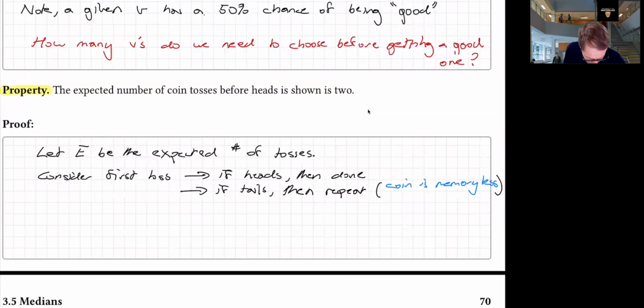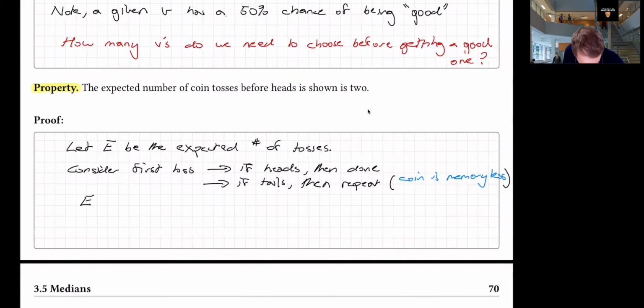We get that E is 1 coin toss. So the expected number of tosses is 1 plus, with probability 1/2, I'm done, so I don't have to do any more, plus with probability 1/2, I have to basically start the whole experiment over again.